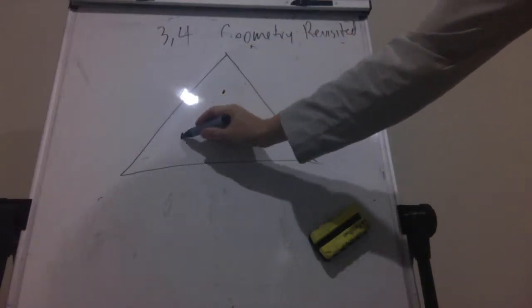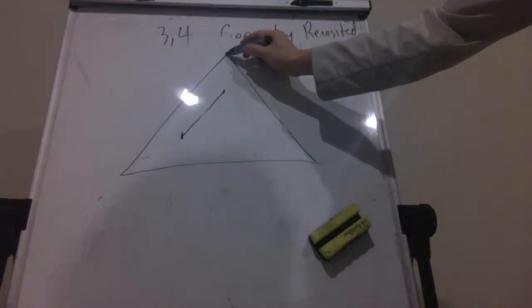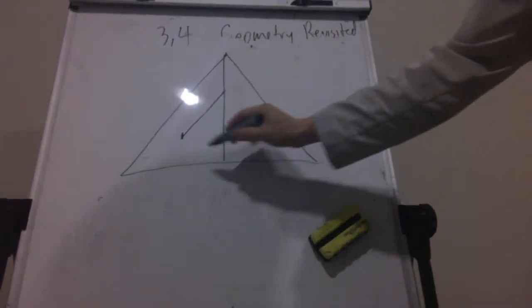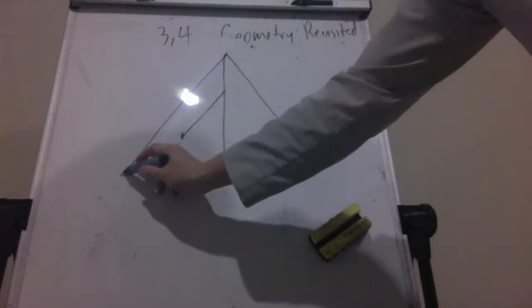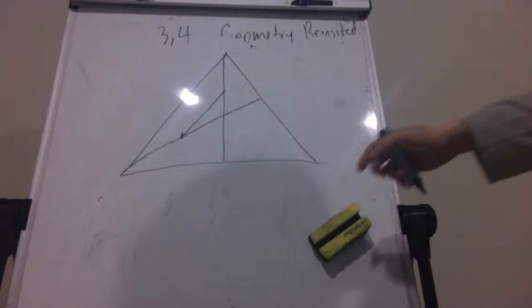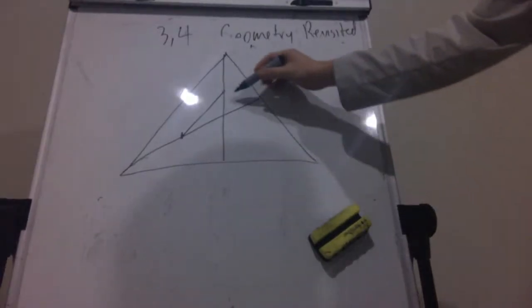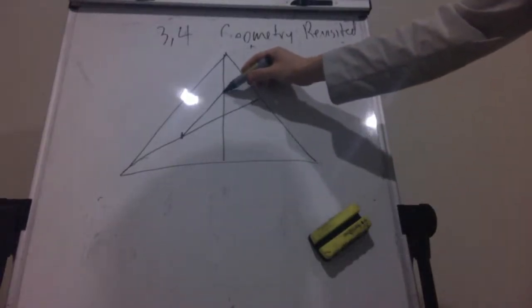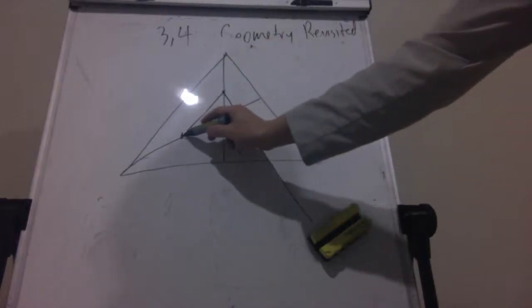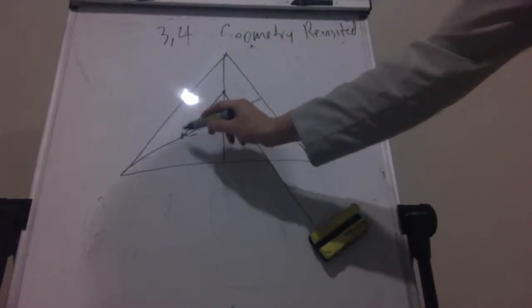They're parallel, and you can definitely join them, right? Let's see, like that, right? And then there's another point. So you can make this parallel line, right? So make these parallel lines.